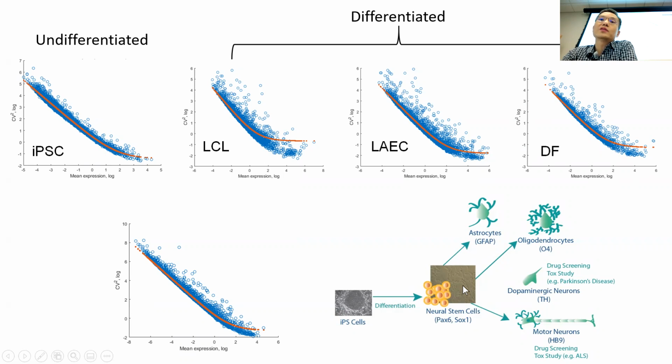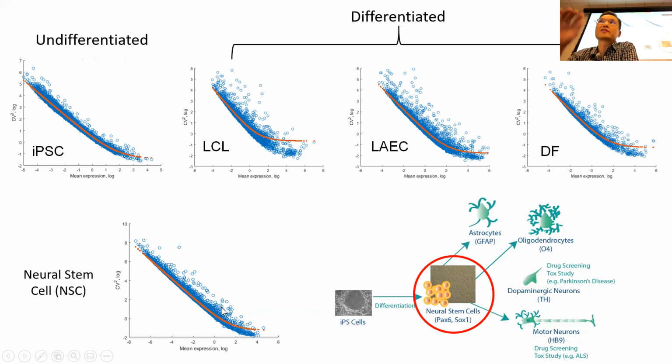Neural stem cells are in the middle of becoming more differentiated cell types: astrocytes, oligodendrocytes, neurons, etc. So if we do this analysis using this half-differentiated cell type, we should see some genes start to show this differentiation and become highly variable genes, right? That's exactly what we see from this neural stem cell. Some of the genes start to show high variability among cells here.